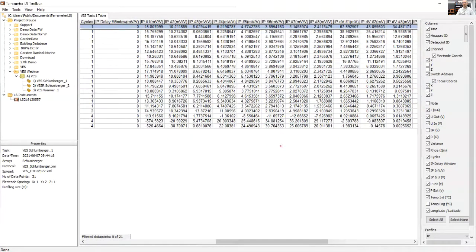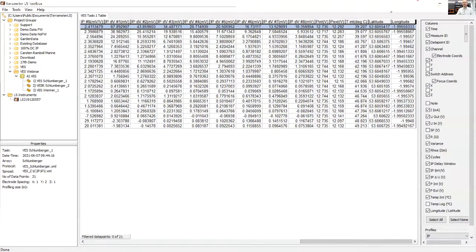Towards the end, I've also got the IP data, and then some instrument information. So I've got the latitude and longitude of the instrument. I've also got the internal battery and external battery voltages, and I've got the internal temperature of the instrument.